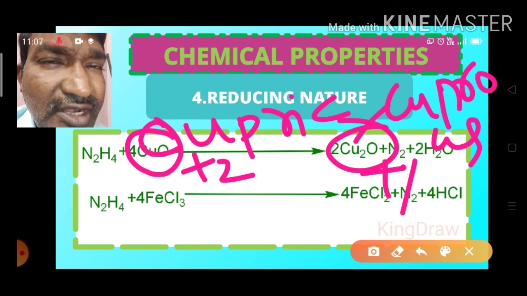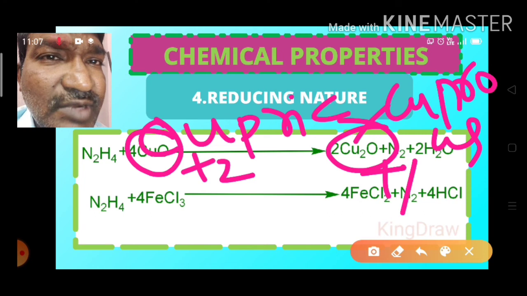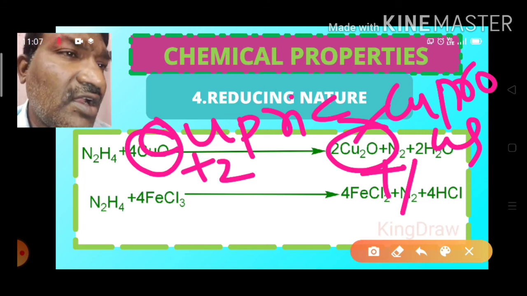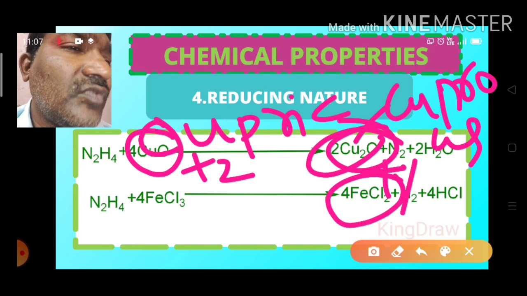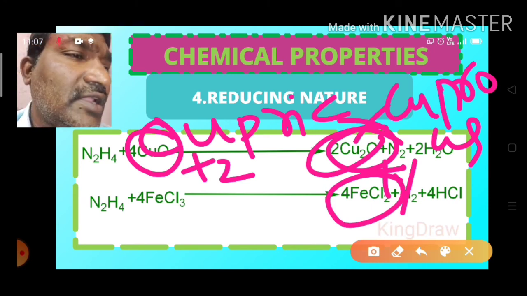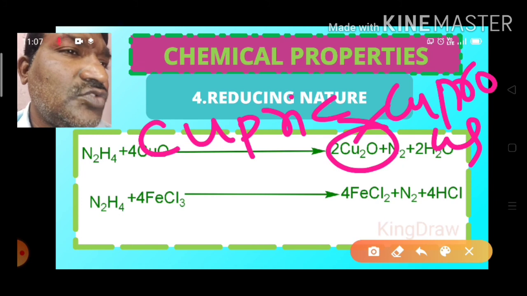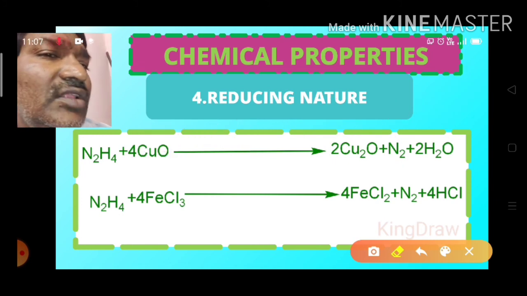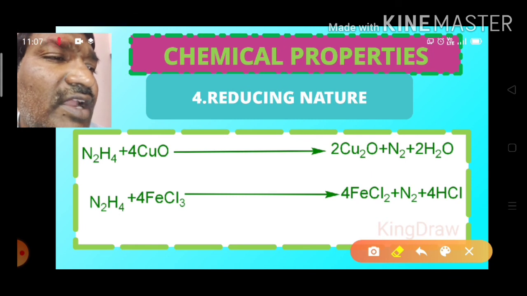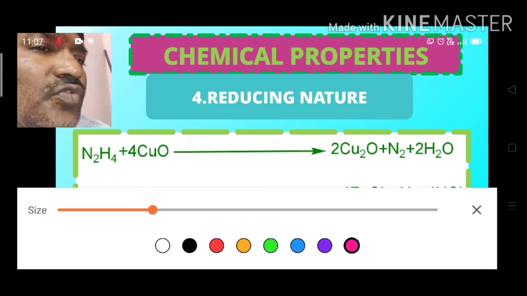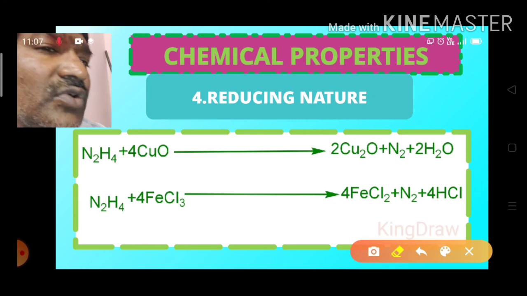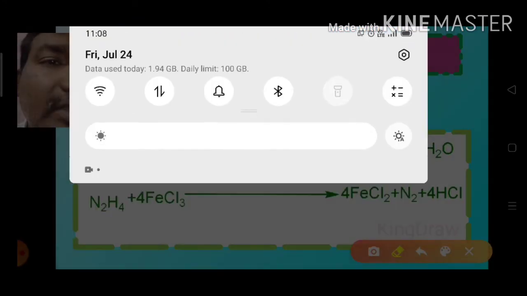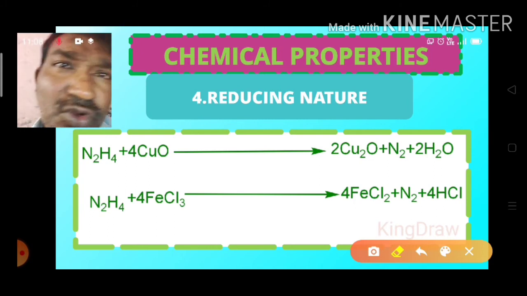But here it is not reducing these metal ions completely to their corresponding metals. That means here we are not getting copper or iron. Luckily, these reactions are also very easy to balance. Here we have cupric oxide in Fehling's reagent.